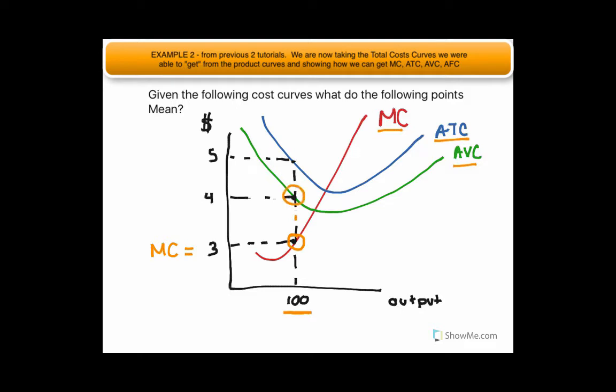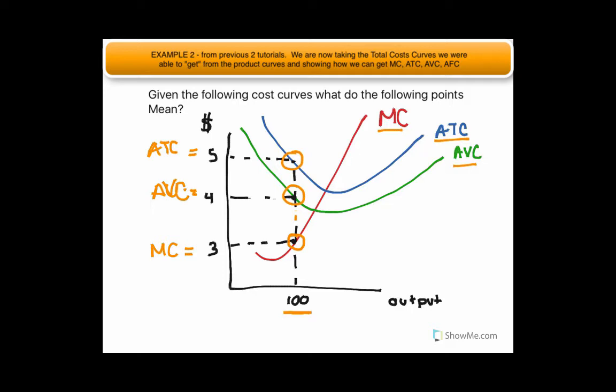Then therefore, average variable cost at 100, you bring it up, that would intersect at 4. And then average total cost would intersect at 5. And so just from looking at it, that's what we can immediately see from this graph.